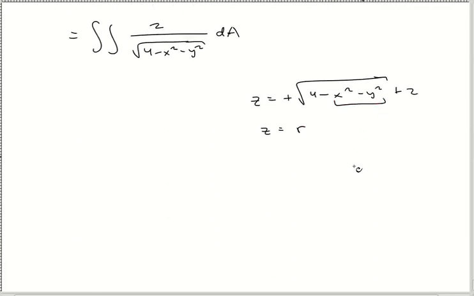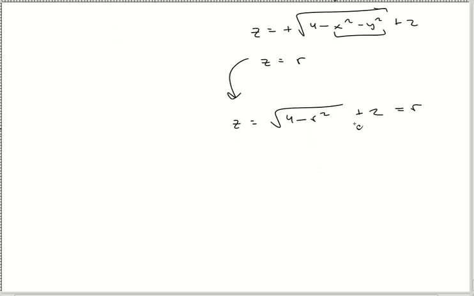If you convert this into r as well, z is 4 minus r squared plus the 2, and it's also equal to r. Because you also have it equal to r, the z's are equal. I can take this now and solve for r, which will give me the bounds for my double integral.